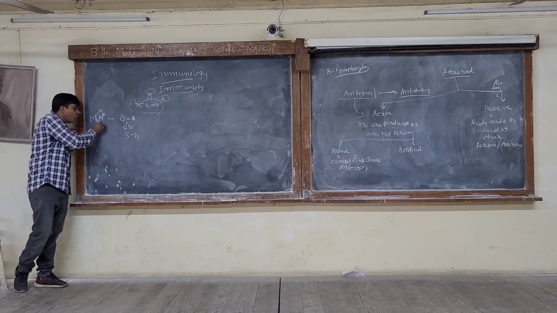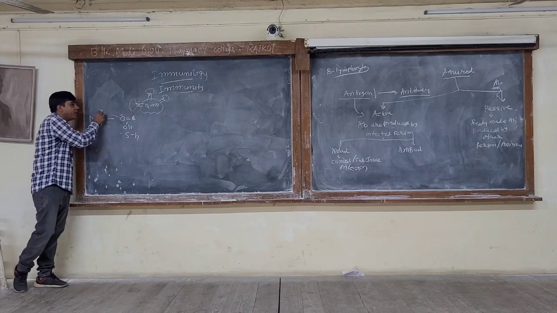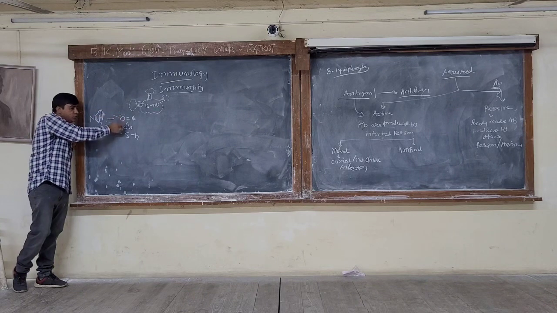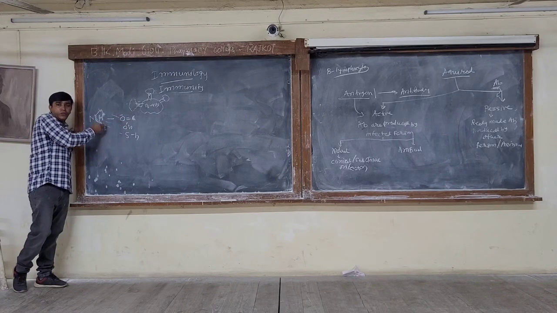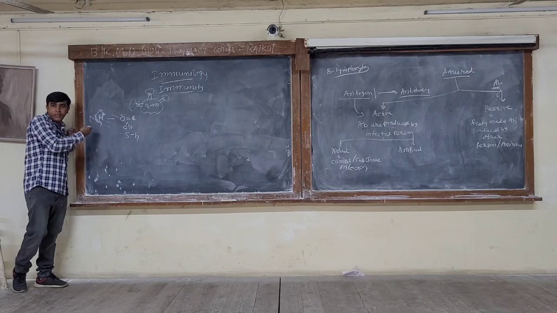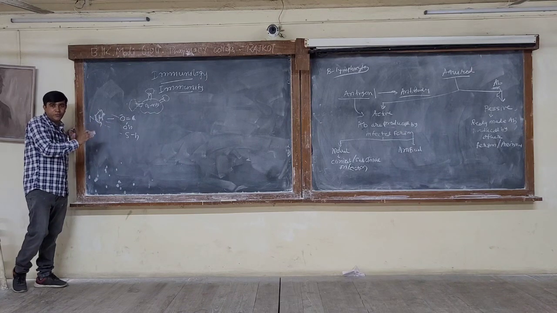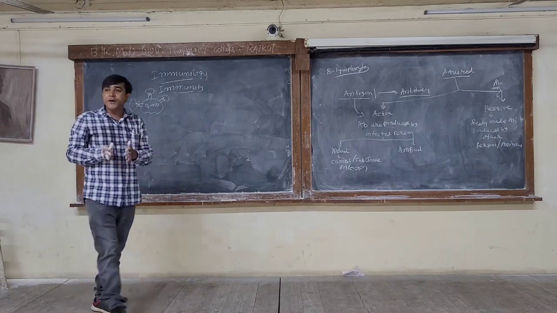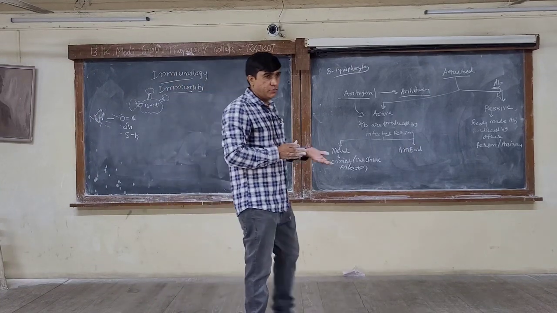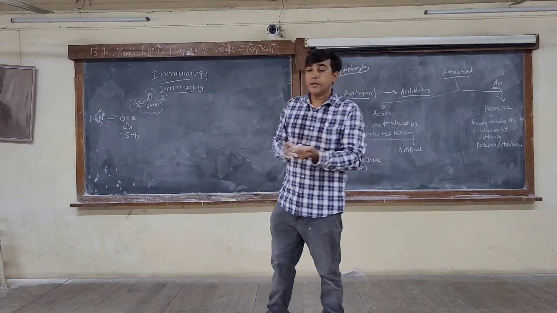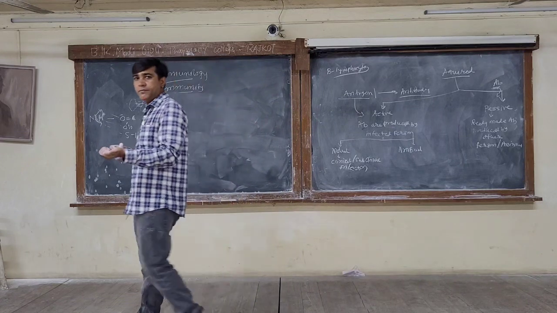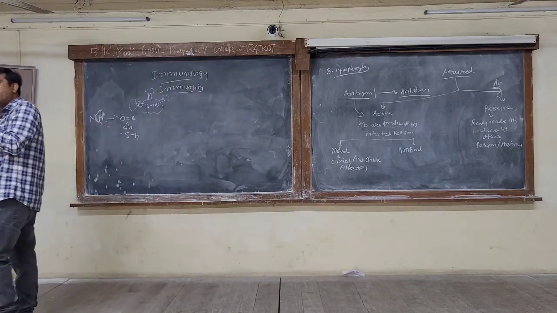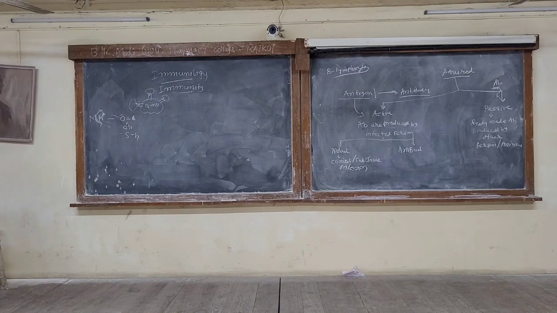So there is more probability of hydrogen bonding between these two, because these species are highly electronegative, hydrogens are highly electropositive, and there are chances of hydrogen bonding between them. Now, as we all know, hydrogen bonds are very weak forces of attraction. But if more than one bond is formed at a time, then the strength of the resultant molecule will be high. Clear? More than one bond is formed at a time, then the strength will be high.